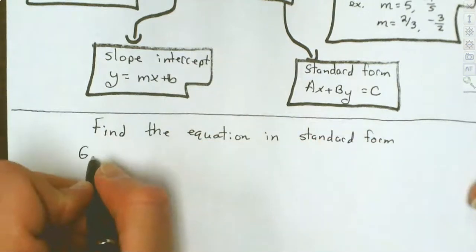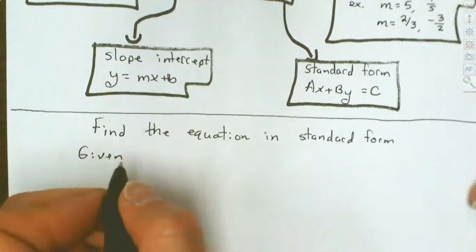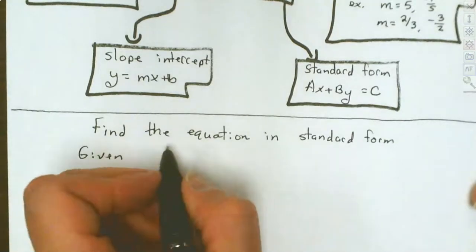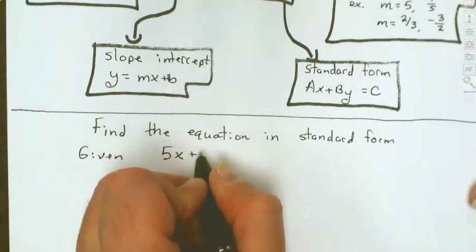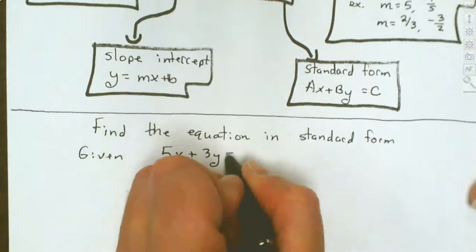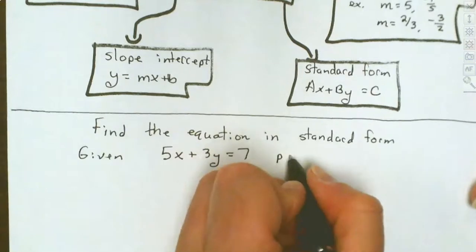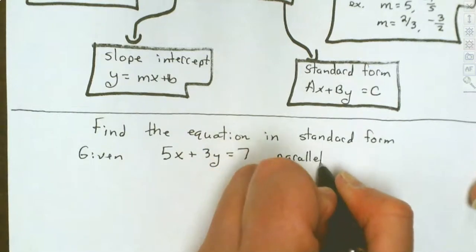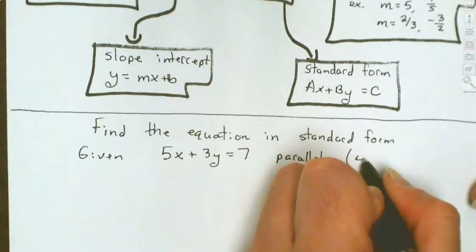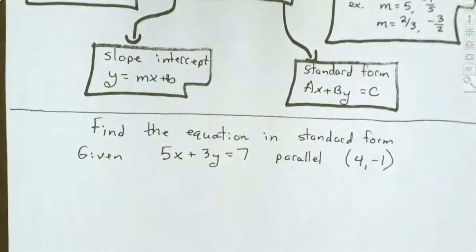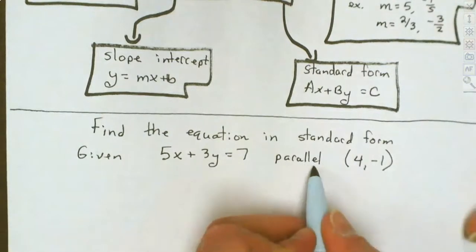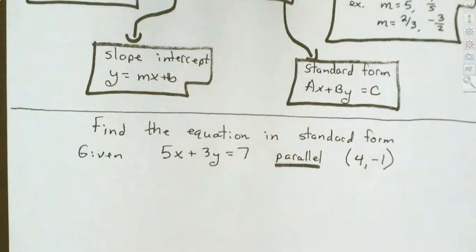And you're going to be given the equation, how about 5x plus 3y equals 7, parallel to this point, (4, -1). So we need to make sure we know what we're doing here. It's going to pass through that point, and it's going to be parallel to that equation.